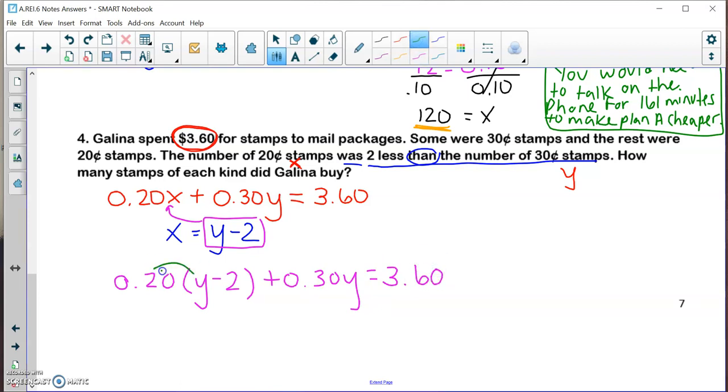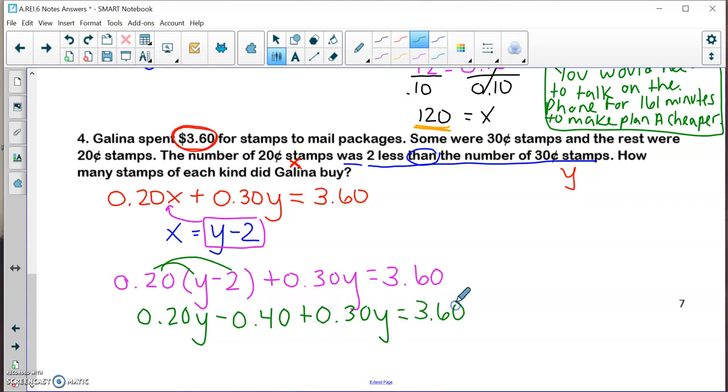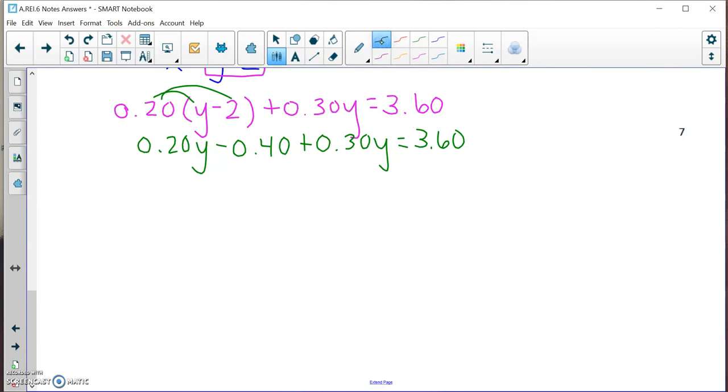All right, distributing. Now combining like terms.